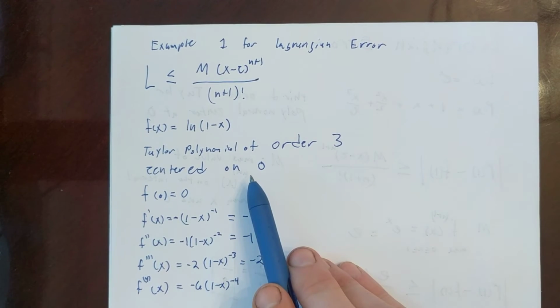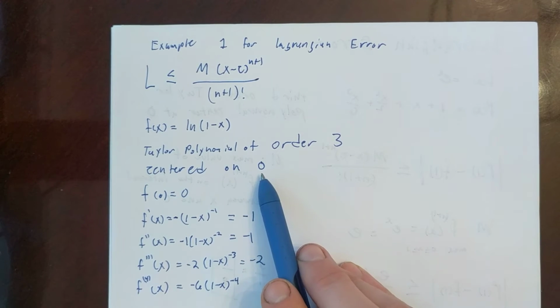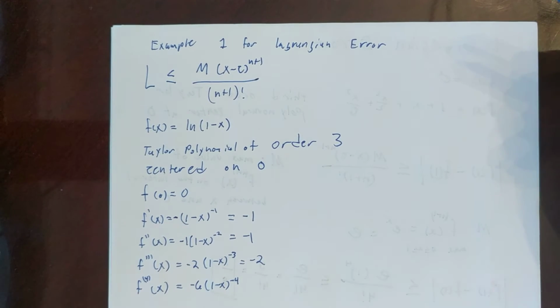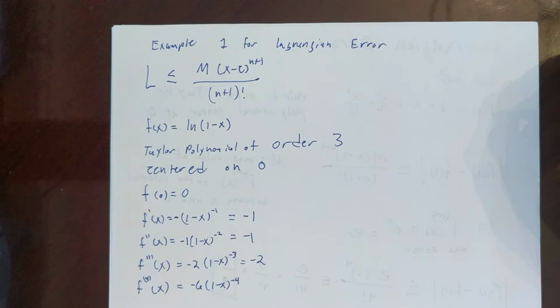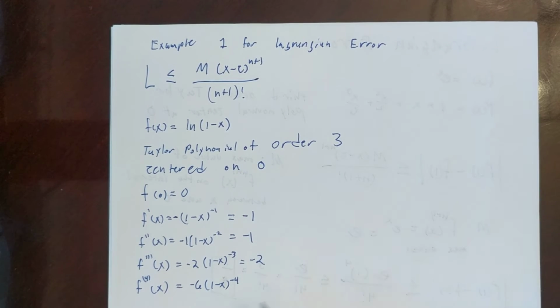So we're going to be centered at 0. Let's plug in negative 1. So I want to find the Lagrangian error at negative 1. If I plug in 0, this is negative 6, right? If I plug in negative 1, that's going to be 2, but it's going to be on the bottom. So the absolute value of this is going to be much smaller if I plug in negative 1.